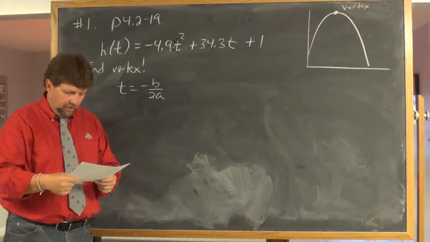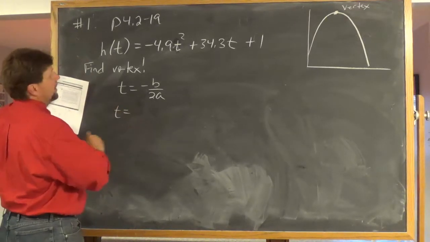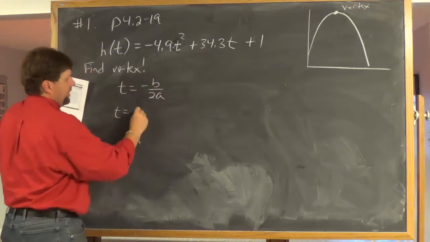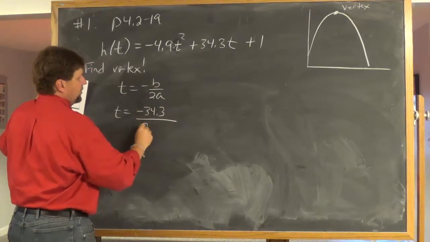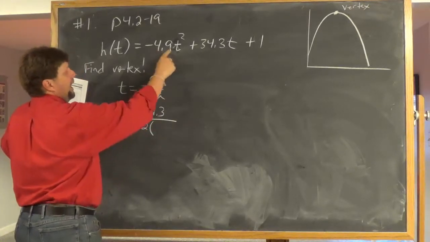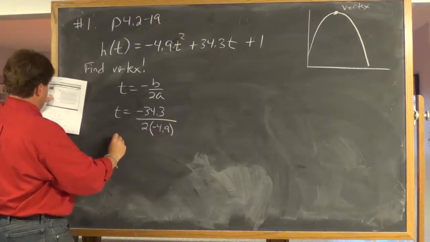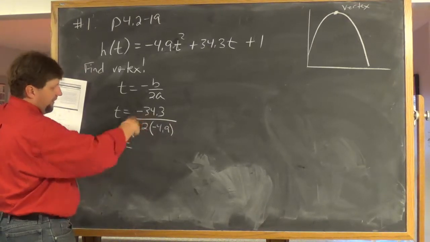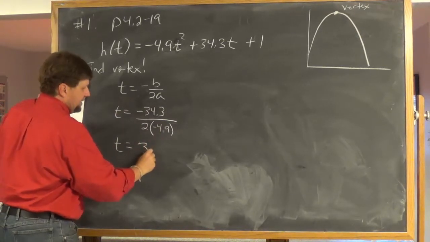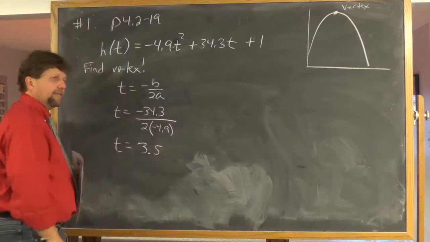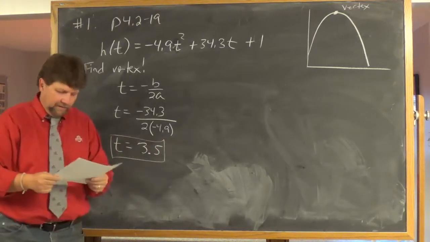Doesn't matter if it's an x or a t, it's the independent variable. That's the part that's important. So if we crank it through this little formula, b is 34.3, so I'd have negative 34.3 over 2 times a, which is negative 4.9. If I crank this through my calculator, and I already did that, I get t to be 3.5. Well, 3.5 what?